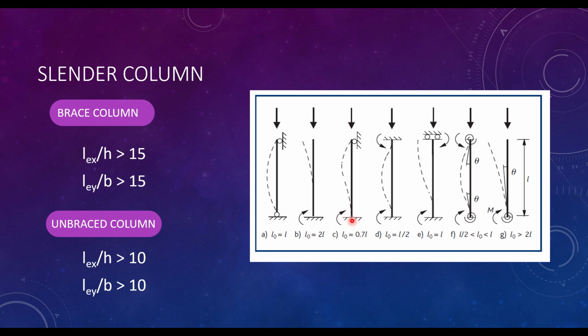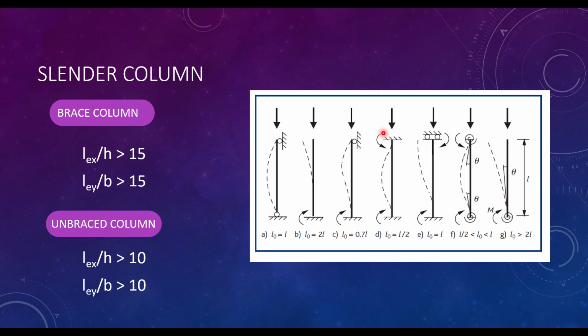Another situation is when the base of your column is fixed, and the top part of the column is a pin or roller support. In that situation, the effective length of the column is taken as 0.7 multiplied by the length. So it depends on the end condition that determines the value of this LEX.